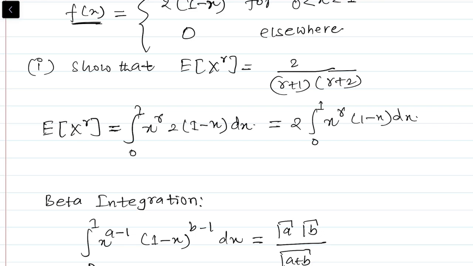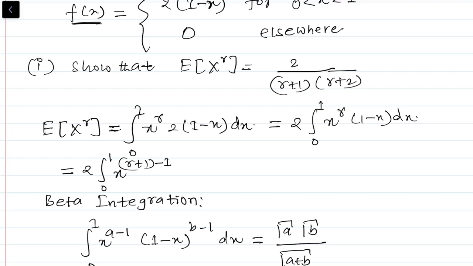In this question we can use the beta integration, so we need to make slight changes so that the function looks like the beta integration. The range is okay, that is 0 to 1, but inside we need to make some changes. We can write x to the power (r plus 1 minus 1), so r plus 1 behaves like a.